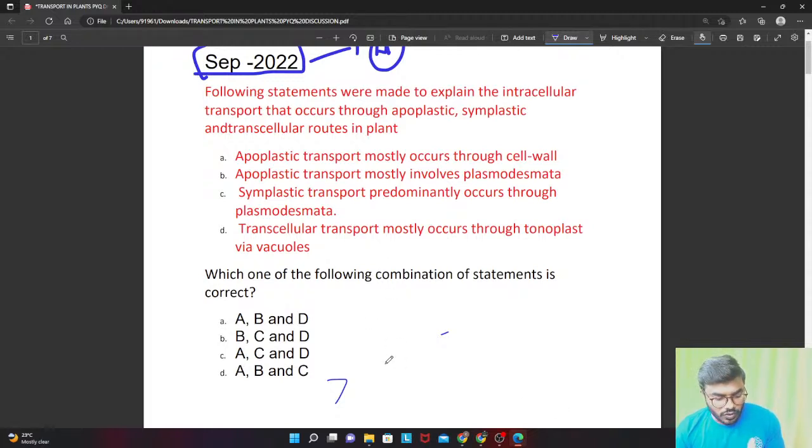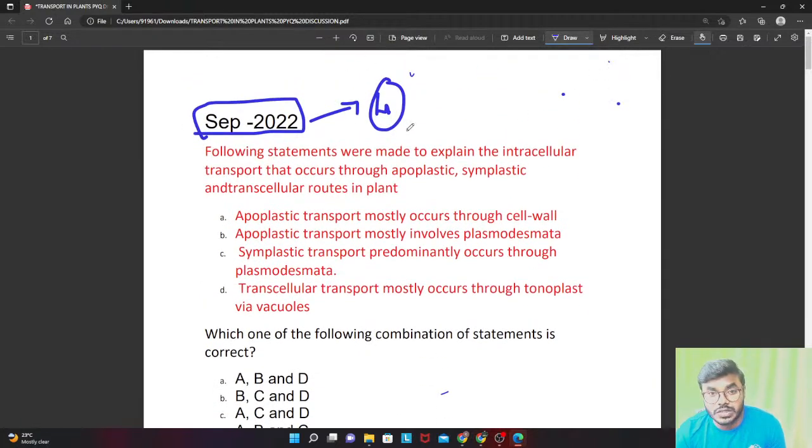I don't know whether people answered this question in the September paper. See how easy the question is, directly from the statements we discussed in class. The following statements were made to explain the intracellular transport that occurs through the apoplastic, symplastic and transcellular routes.